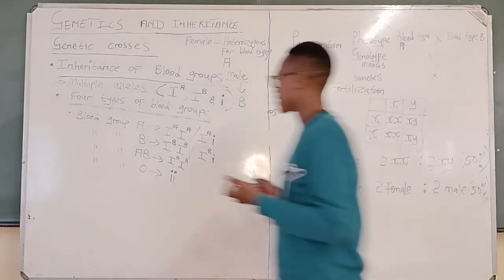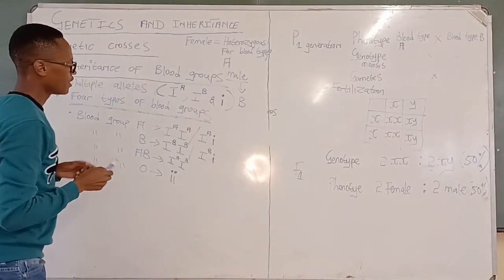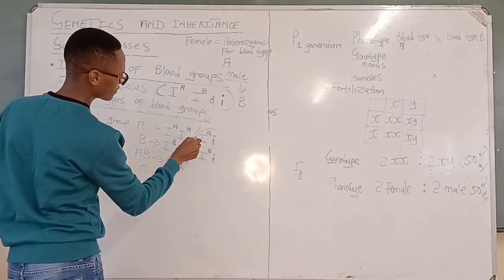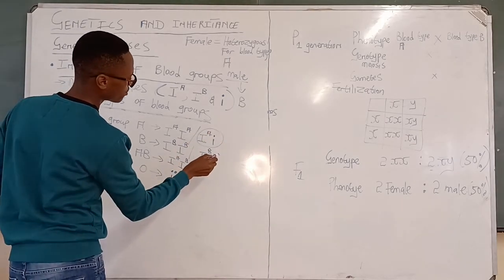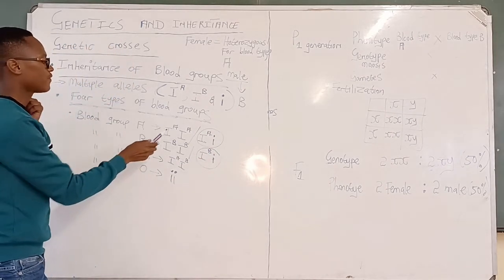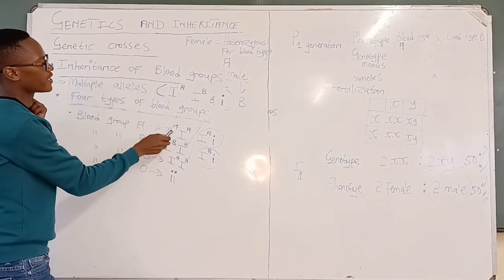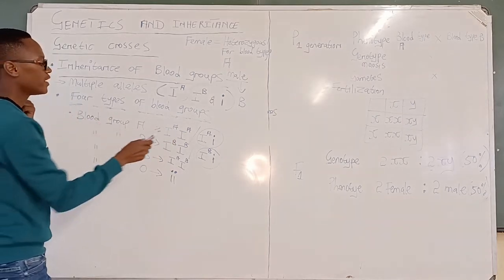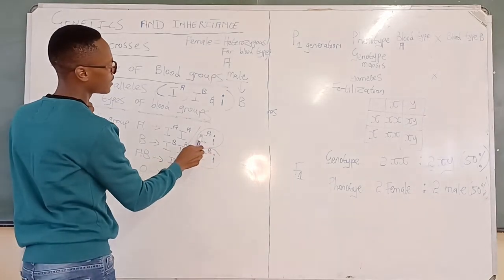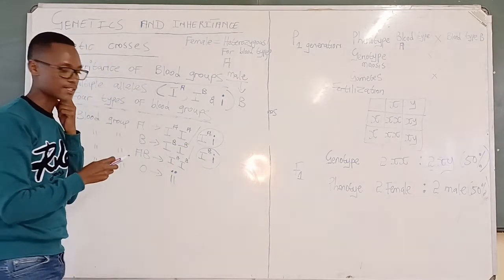If they are heterozygous, it means that they can only have alleles like this, because these ones are heterozygous. You can see they are not homozygous. If they were homozygous, it means that they were going to have the same alleles. Homo means the same. So now they have different alleles to show that they are heterozygous.